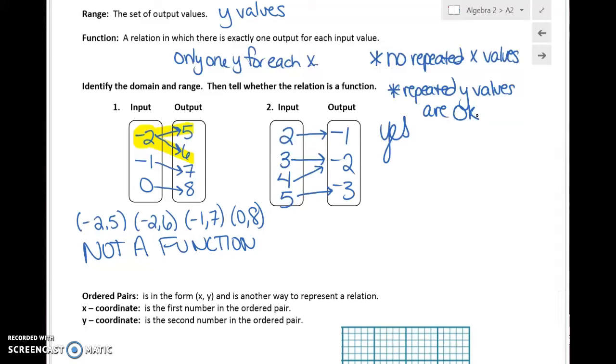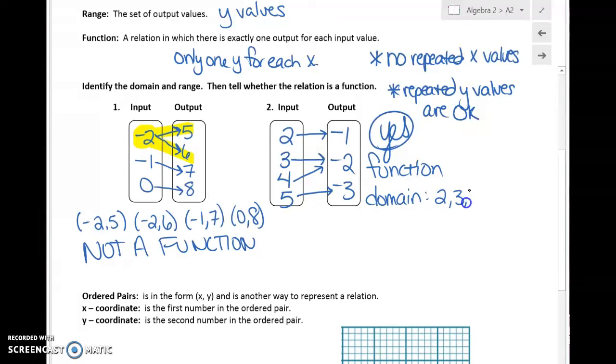Now, what we were actually supposed to do with this example is identify the domain and range, then tell whether the relation is a function. So we decided that yes, this is a function. For the domain, all you need to do is list the x values in numerical order and don't write any repeats.